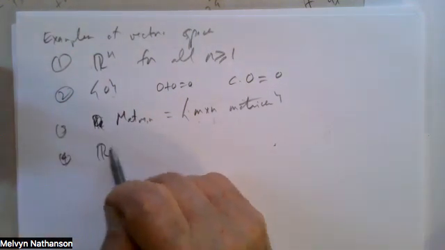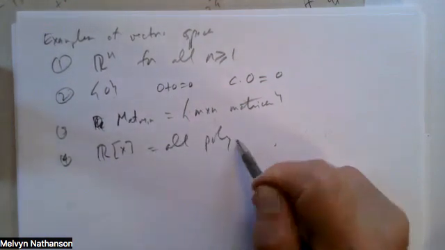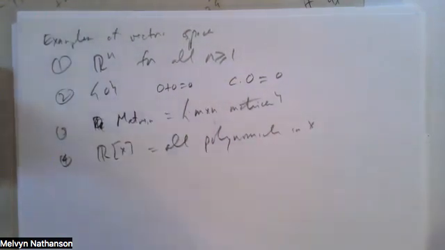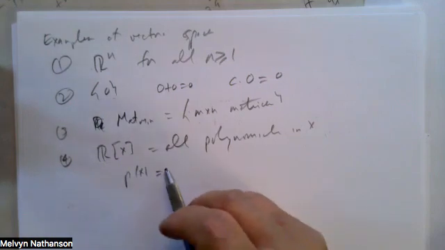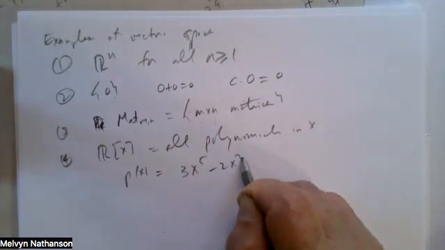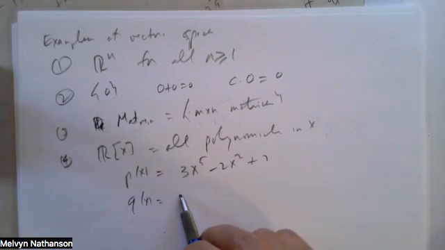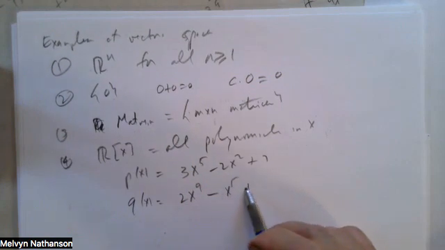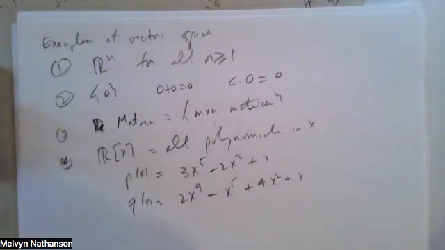We have the set R square brackets X. This is all polynomials in X. What's a polynomial? A polynomial is something that looks like, for example, P of X equal to 3x to the 5th minus 2x squared plus 7 is a polynomial. And if Q of X is 2x to the 9th minus x to the 5th plus 4x squared plus x, that's another polynomial.